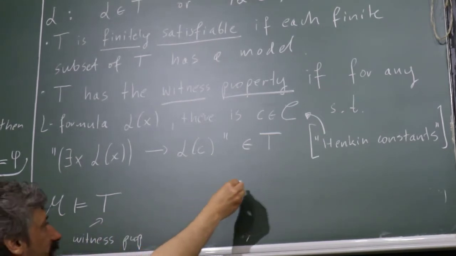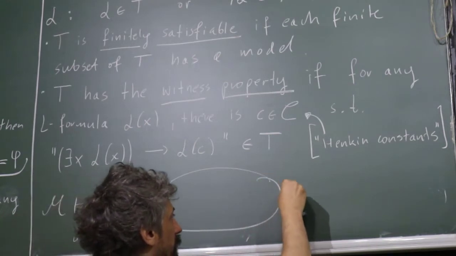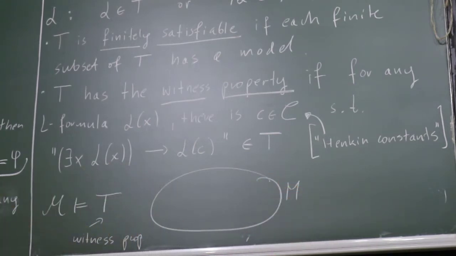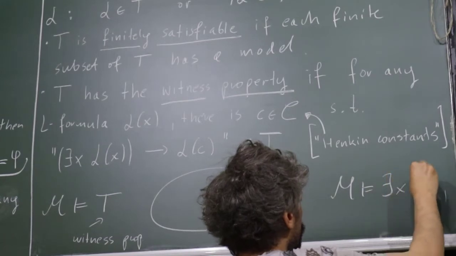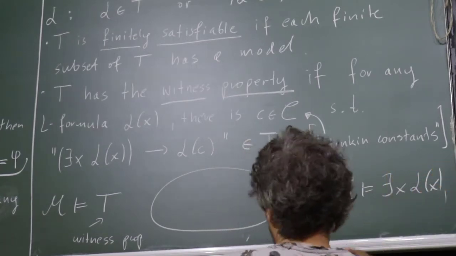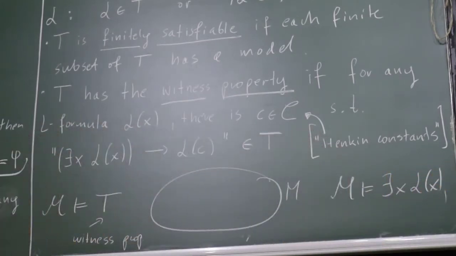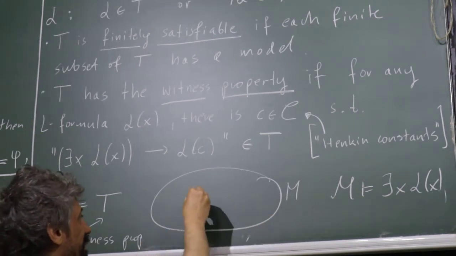Inside M, let's say that it is true that there exists x alpha(x).